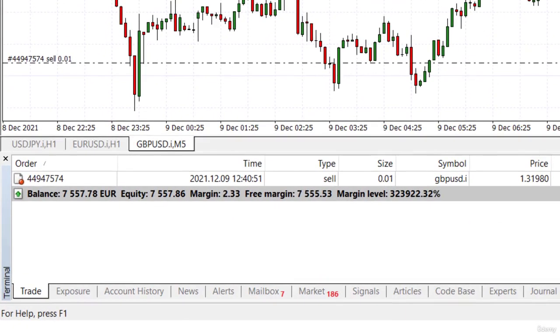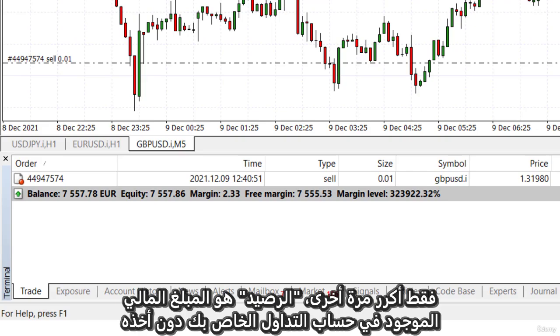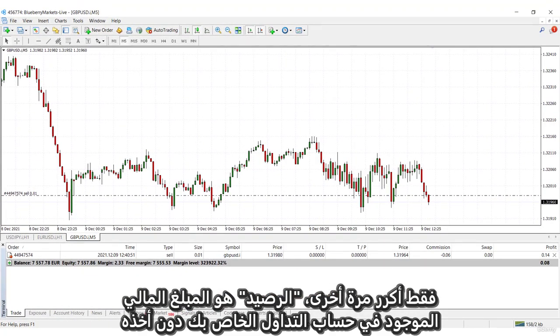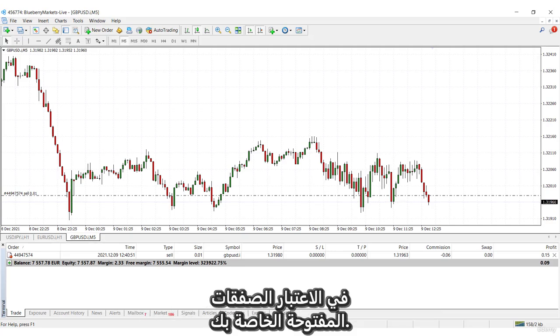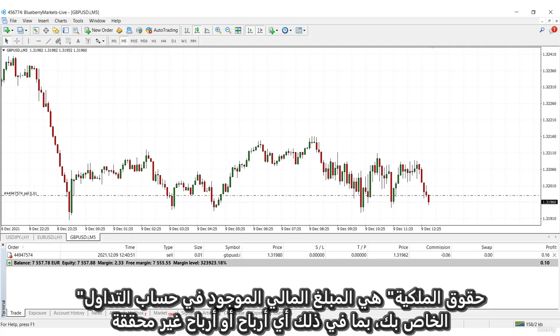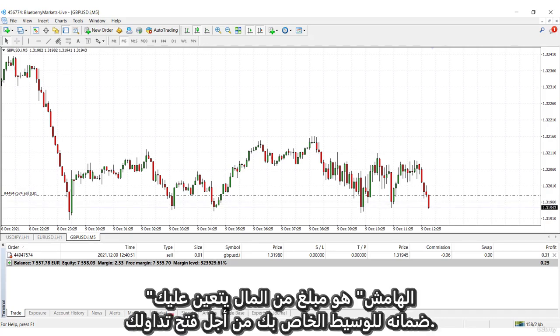On the MetaTrader 4, the platform we will be using later on in this course, we have this information at the bottom: balance, equity, margin, free margin, and margin level. Just to repeat again, balance is the amount of money you have in your trading account without taking into consideration your open trades. Equity includes any unrealized profit or loss deriving from your open trades.